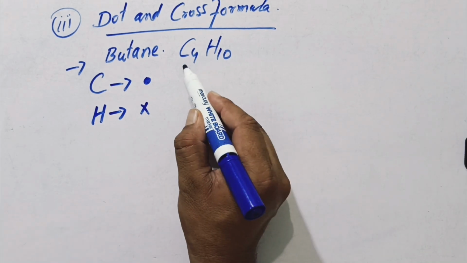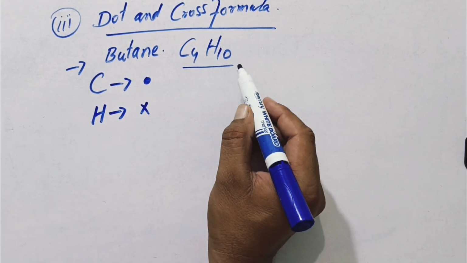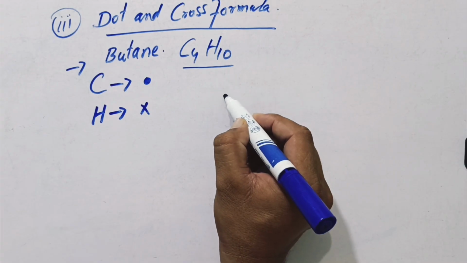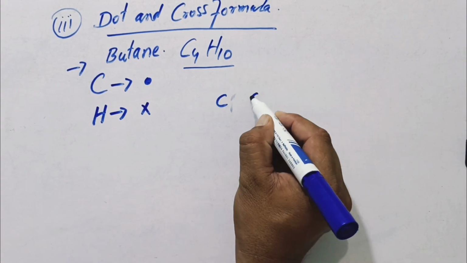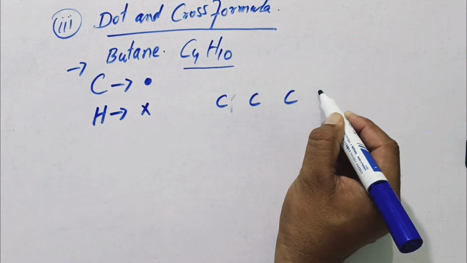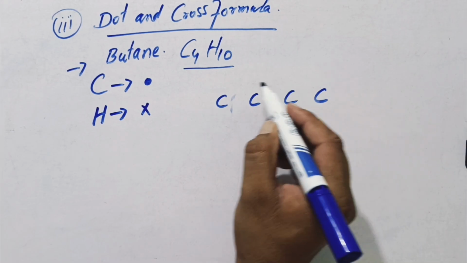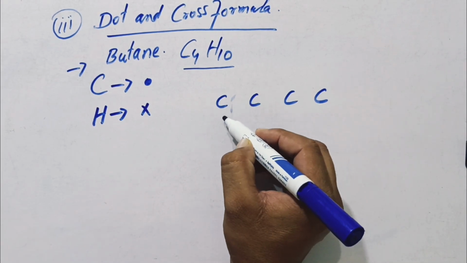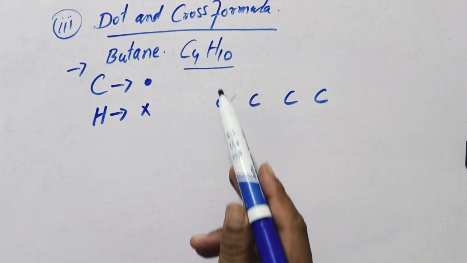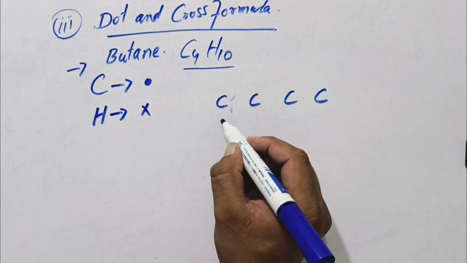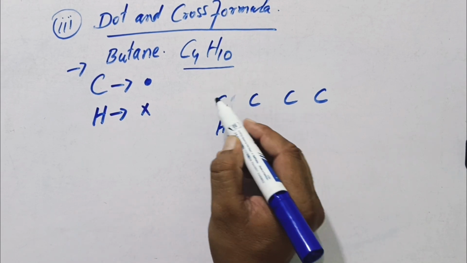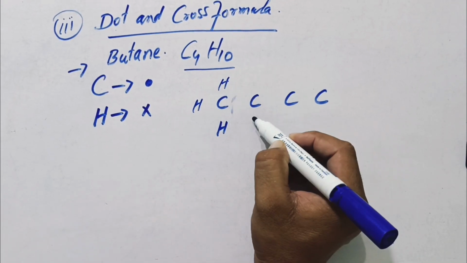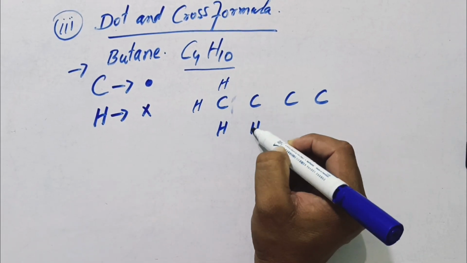Now we have the formula of butane is C4H10. We write its dot and cross formula. So first we will write the 4 carbon atoms. Then we put the 10 hydrogen atoms around the carbon to satisfy its tetravalency.